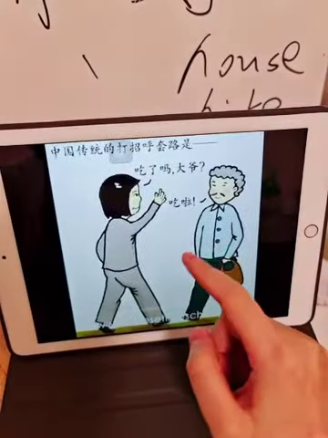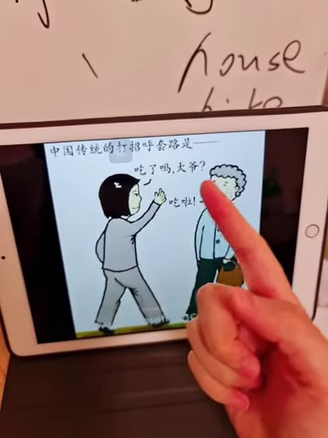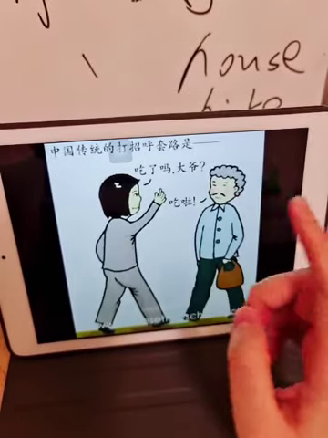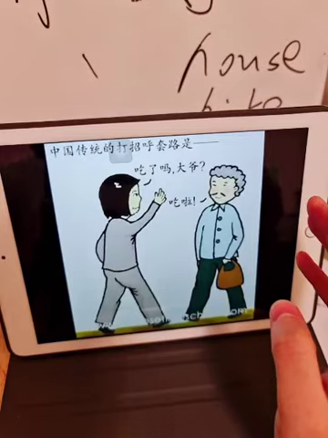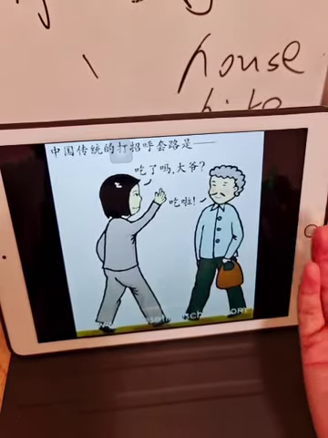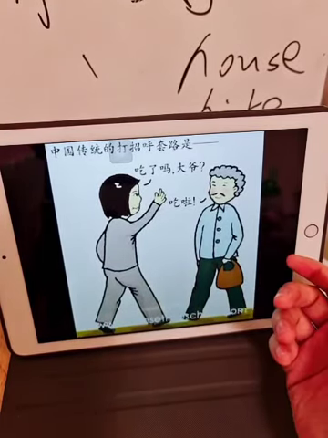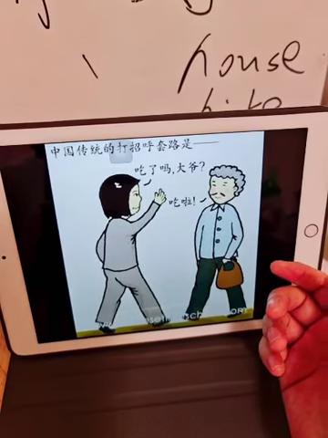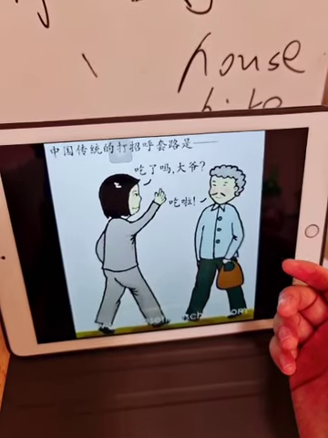And this one, what are they talking about? The girl said 吃了吗大爷? The boy said 吃了. 吃了吗? It means did you eat? Have you eaten? กินข้าวแล้วยัง? Why do they say this at first sight? Because in China we have a tradition. Chinese people like to ask, have you had dinner, when they want to say hello, because it's just a culture.